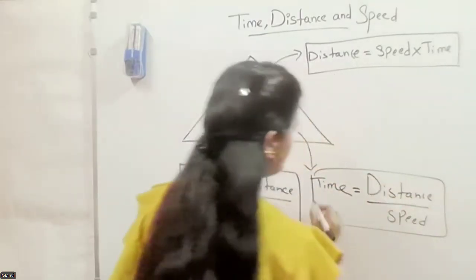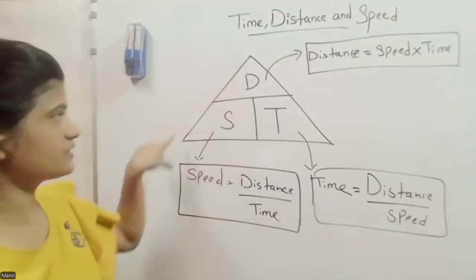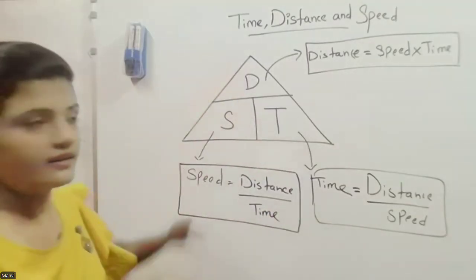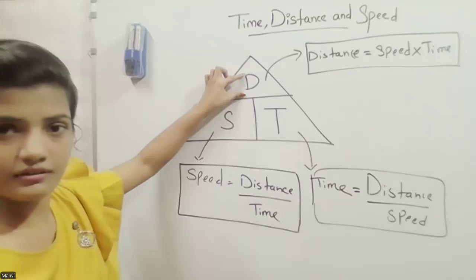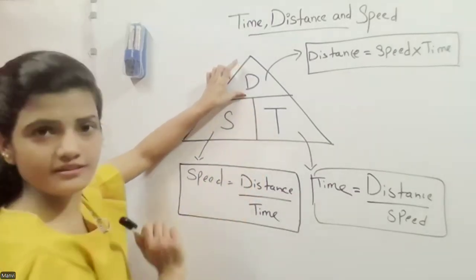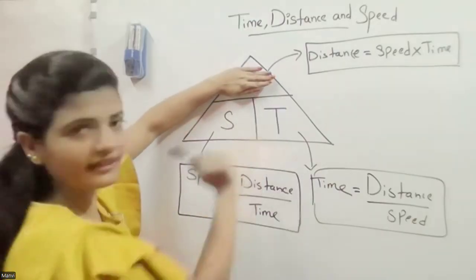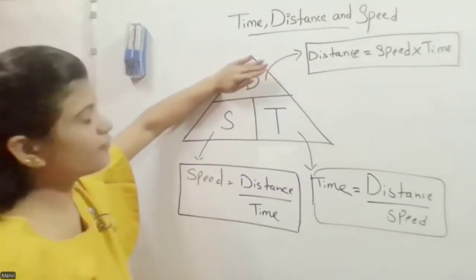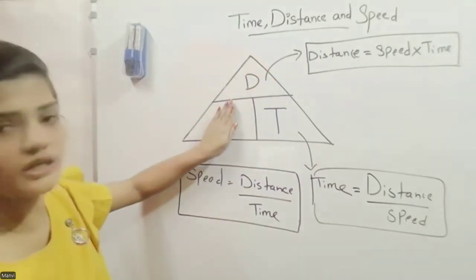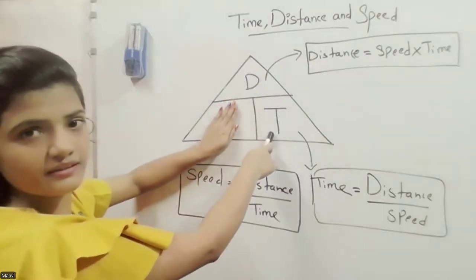So we can simply remember all these formulas by using this triangular way. This is distance, so speed times time equals distance. If you want to calculate speed, then speed equals distance divided by time.